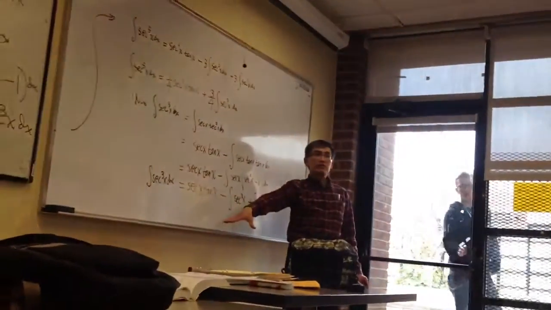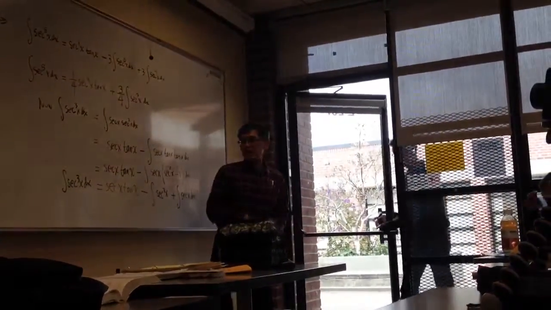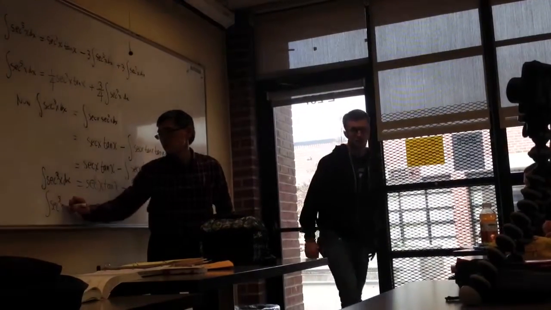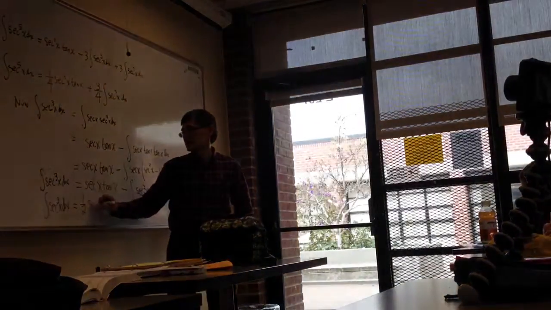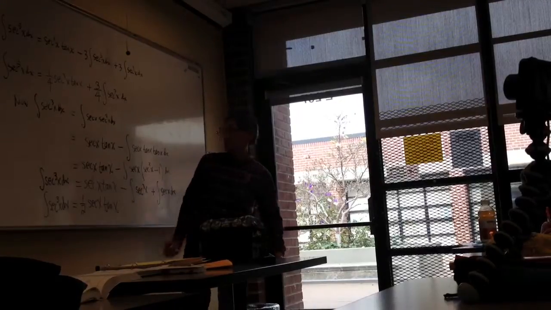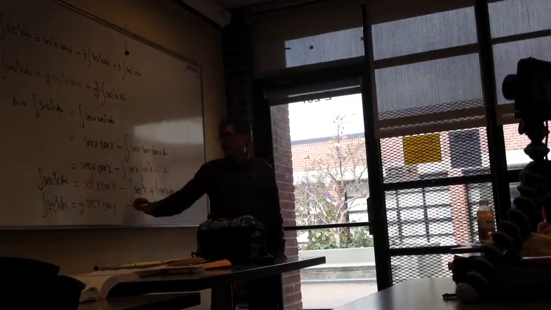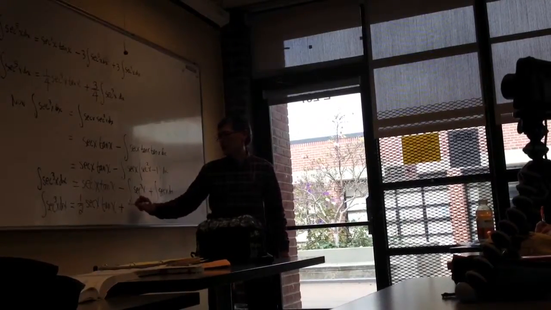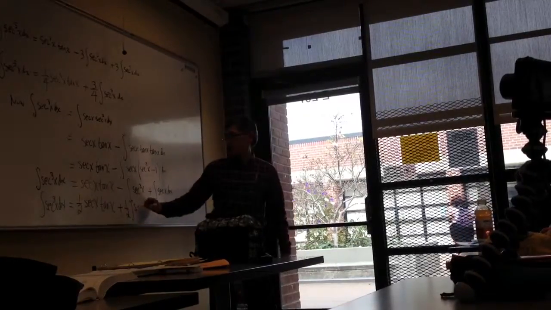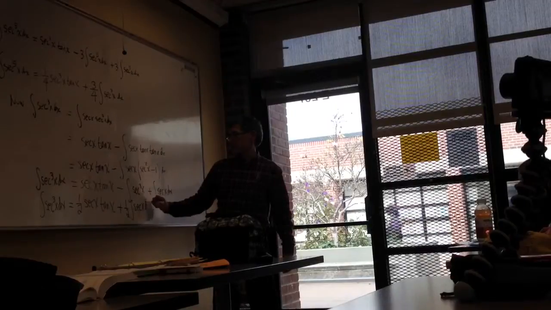Then I divide through by 2. Same kind again. So what I want therefore is 1/2 secant x tangent x plus 1/2 the simpler integral, which is secant x dx.